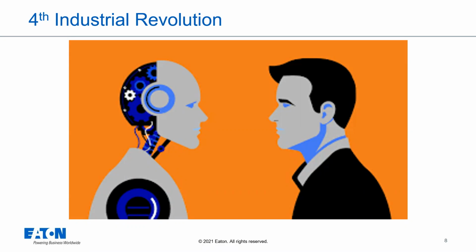These are geared to help the industry ingest, analyze, and exchange large amounts of data. But here's the thing, right? With this data, it enables organizations to make more informed decisions, again increasing their efficiency, safety, and productivity.